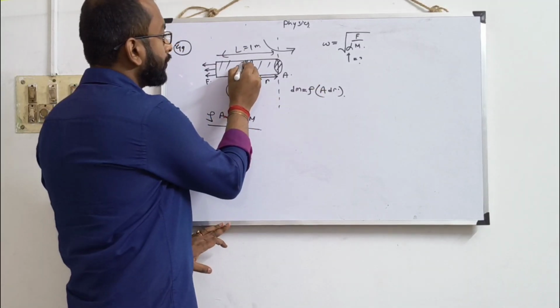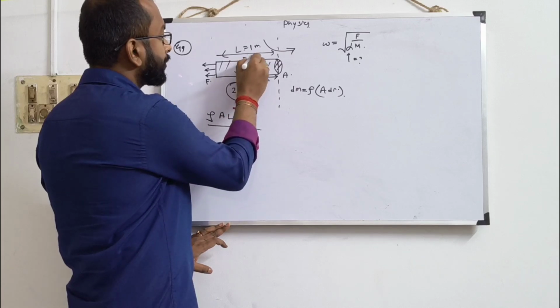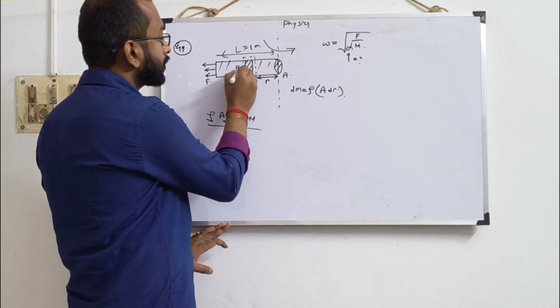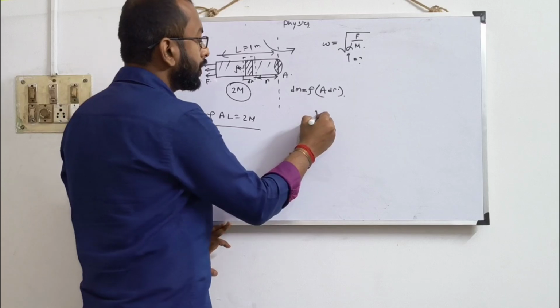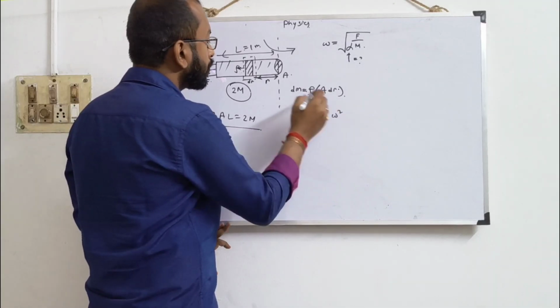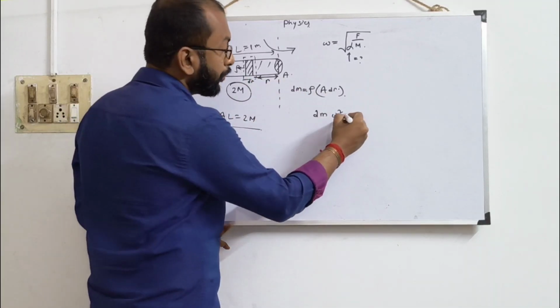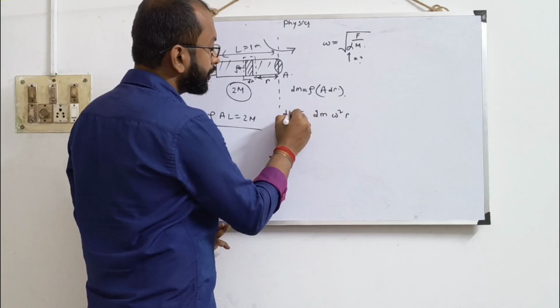So if I consider this as our control volume, then the amount of force exerted in this end will be dm into omega square into r. r is the distance from the point of rotation. So that is becoming our differential force.